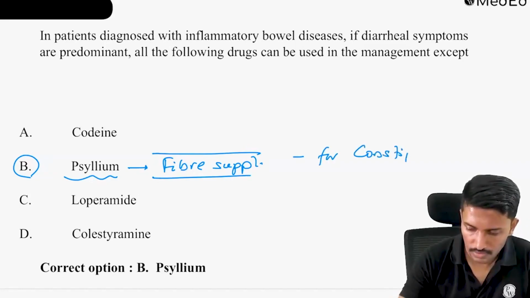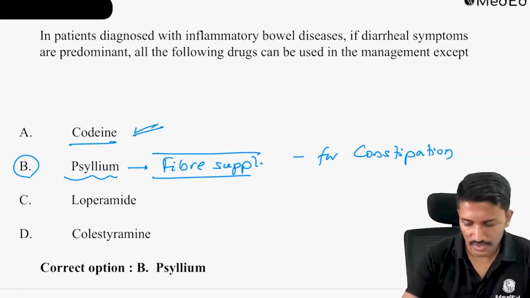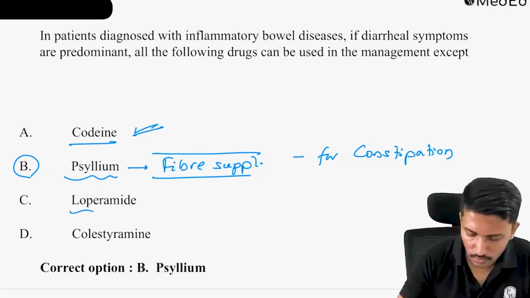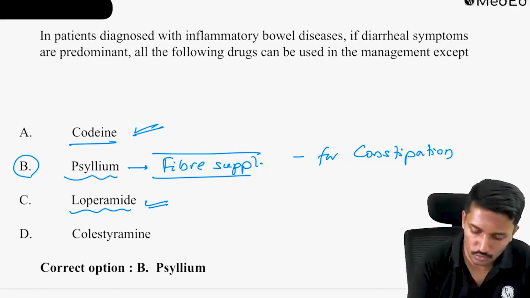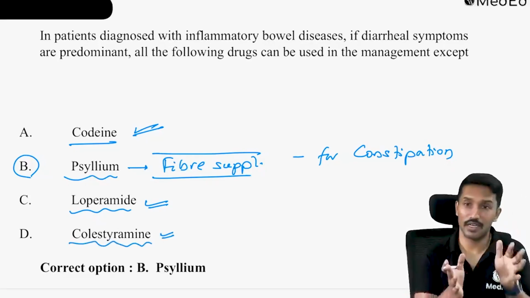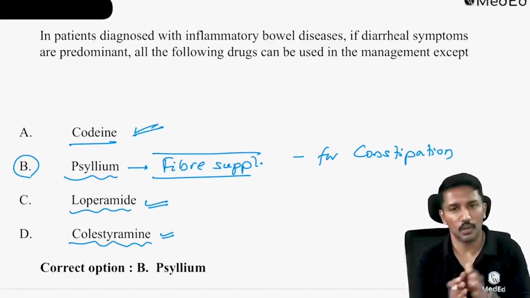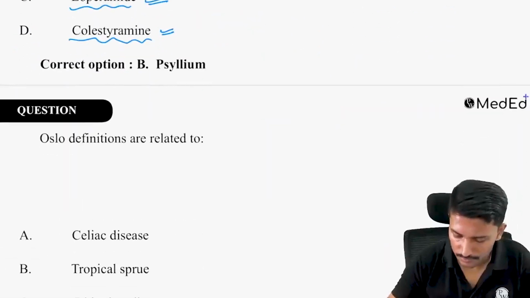Codeine is known to cause constipation. We can use it; theoretically, we don't use it now. Loperamide is the most commonly prescribed drug, and cholestyramine can also be used for patients with diarrhea. In fact, especially for patients who have this diabetic diarrhea, which we were discussing earlier, cholestyramine is a very good drug. So option B would be the answer here.